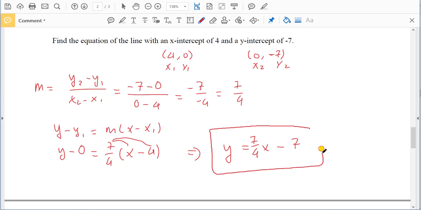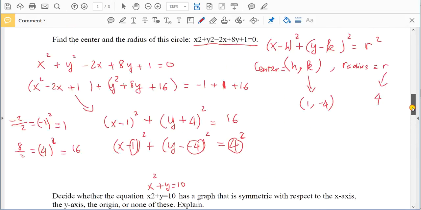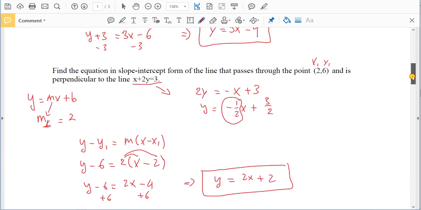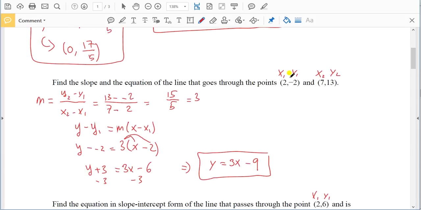So this is the equation that we are looking for. So if they give you the x-intercept, meaning that you have the point 4, 0, and the y-intercept is 0, minus 7, then using the same procedure as above, from 2 points we find the equation using the point-slope formula.